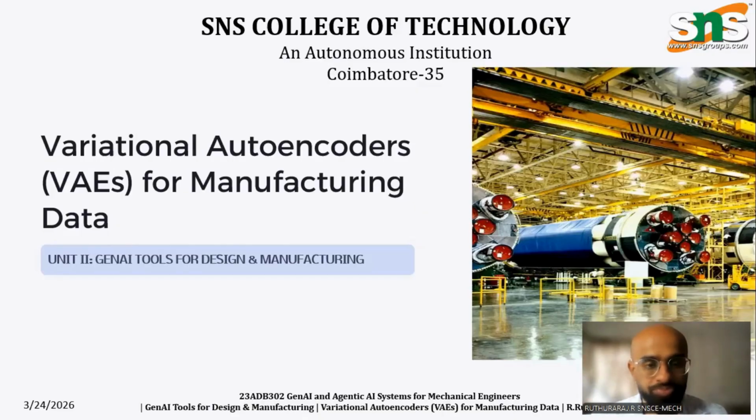Welcome, students. Now we'll move on to our next architectural implementation, which is the variational autoencoder. If you notice, we are relating each of these terms with its application in manufacturing. The autoencoder was used for synthetic data generation. Since I explained it with the training module itself, by learning the representation, it is able to produce synthetic data.